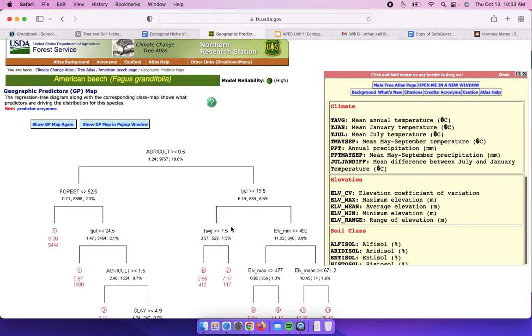Again, when you see these two arrows, if the arrow is pointing to the right and it's greater than, that means the July temperature is greater than 19.5, we go over here. If we look at this equation and 19.5 is bigger than the average temperature July, we then move over to the right.